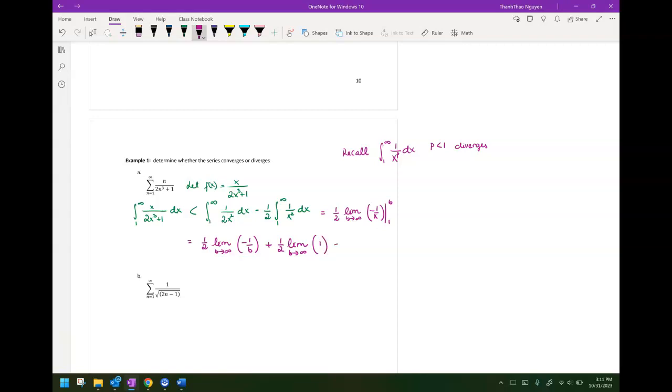Okay, so this is equal to 1/2. So we can see that this integral converges. This implies the series, the sum from n equals 1 to infinity of n divided by 2n to the third plus 1, converges.